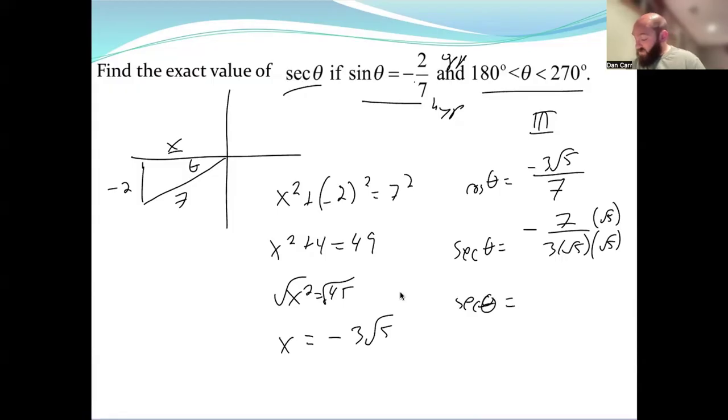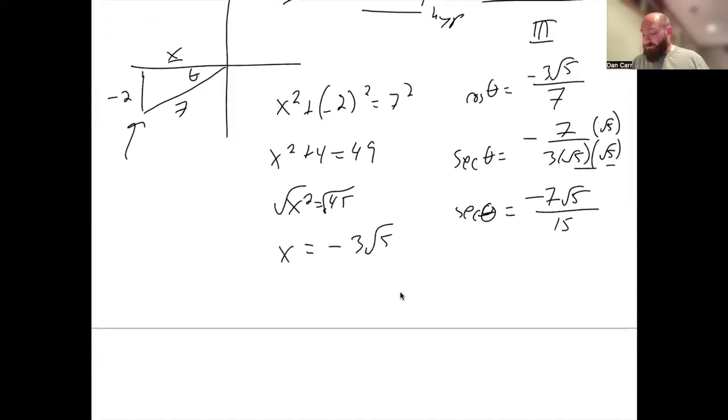So secant theta is going to be equal to negative 7 root 5 over root 5 times root 5, which is positive 5. 5 times 3 is 15. And that's it, because we wanted to be in this quadrant here, and only tangent is positive there. So that's all we have here.